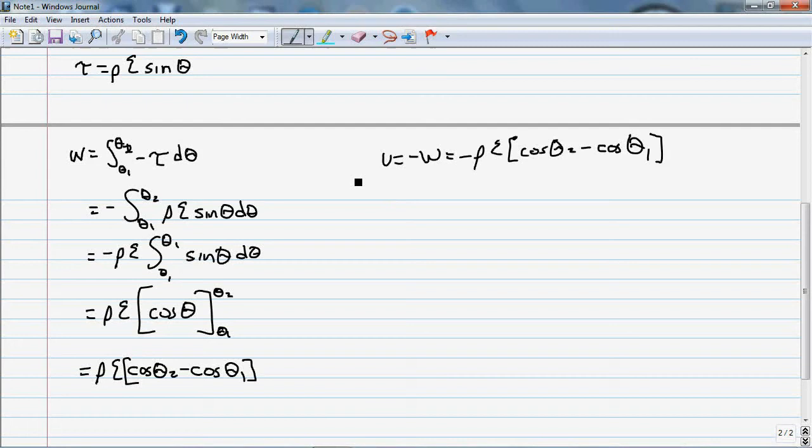Now here's where the convention gets crazy. Basically, we make the potential equal to 0 when theta 1 is equal to 90 degrees. So when theta 1 is 90 degrees, that term is going to be 0. And then if that's the case, we say that the potential is equal to the negative of the dipole moment times the electric field times the cosine of theta.